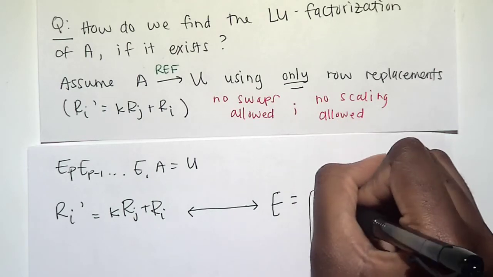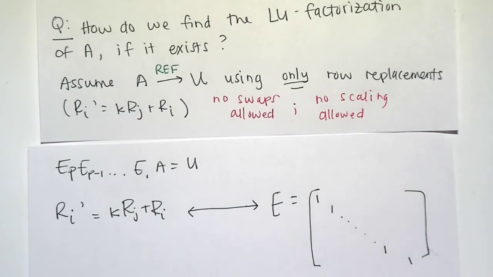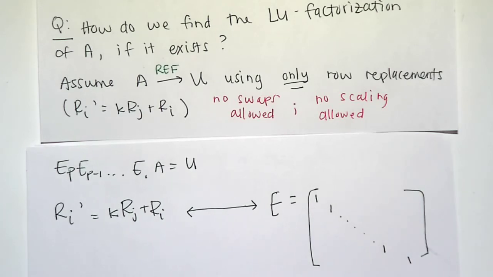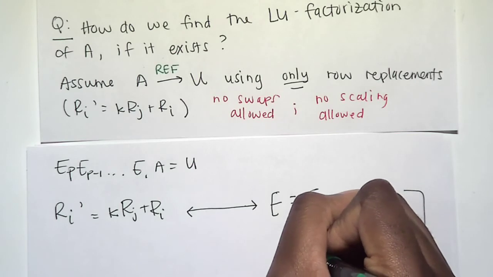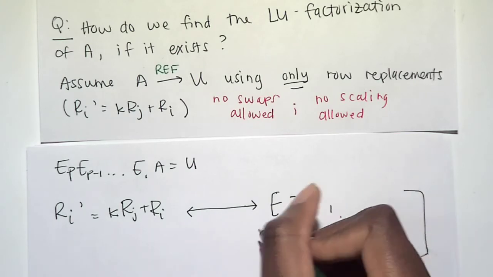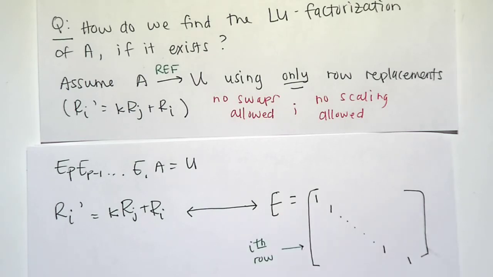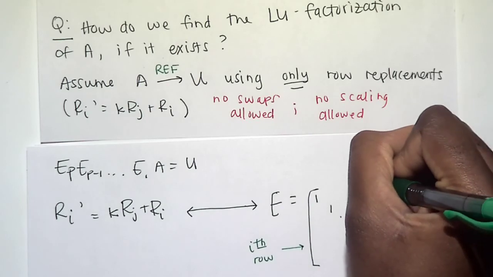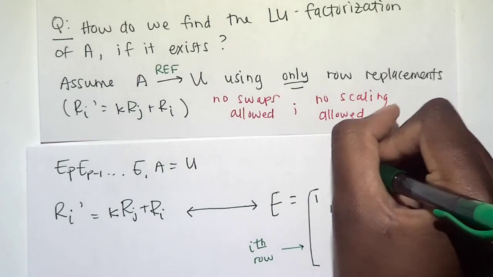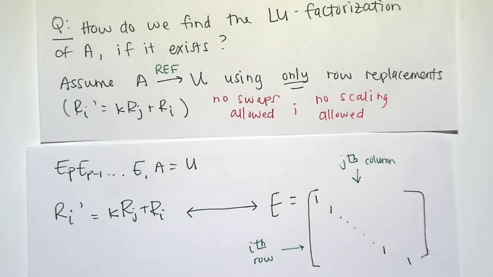So we're going to have ones down the diagonal. Pretend like that's perfect. All right. And let's say that this is the ith row that we're updating. And let's say that this is the jth column. Corresponds with the row that we're scaling.